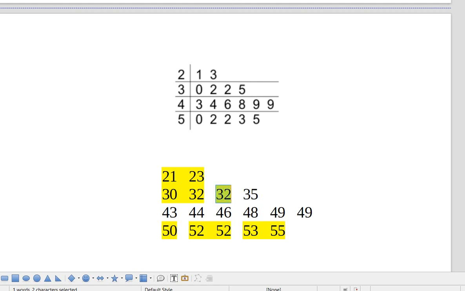And I'm slowly working my way to the beginning. So 35, youngest, oldest, 49. And I'm down to 43, 44, 46, 48, 49. Let's have 43 and 49. And you can see there, hopefully, that 46 must be my middle value.